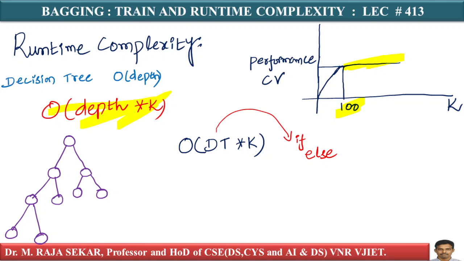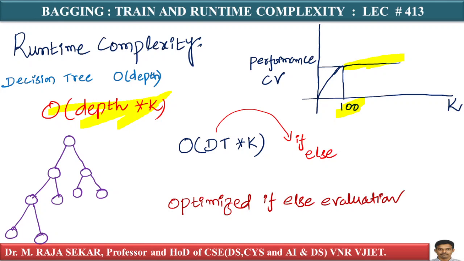A decision tree can be written as if-else conditions. That's the elegance of decision trees. It is not very uncommon. I have seen cases where you can build a random forest with something like 200 trees of depth 6, a reasonable depth. We can evaluate all these trees very fast at runtime, because most programming languages have optimized if-else evaluation.